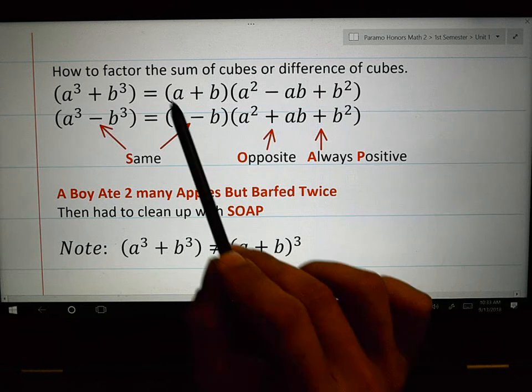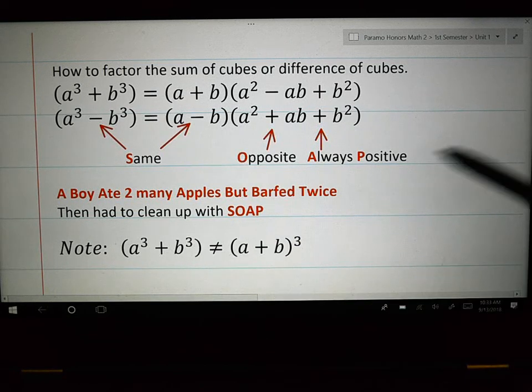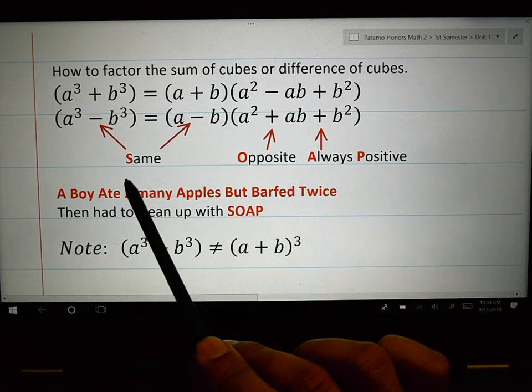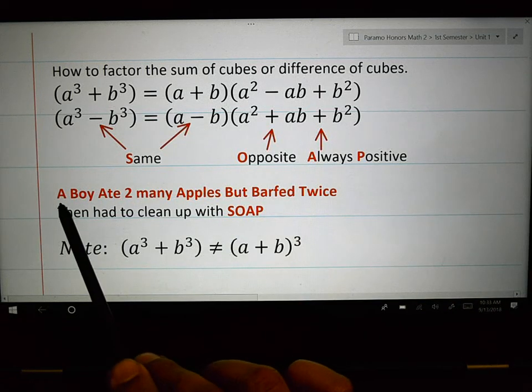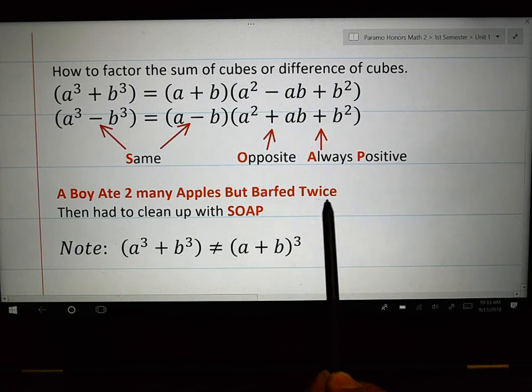Now, I had a student who came up with his own way. This was about 2 years ago. A student said, memorize this pattern by coming up with this little acronym. A boy ate too many apples but barfed twice. And I was like, what do you mean?